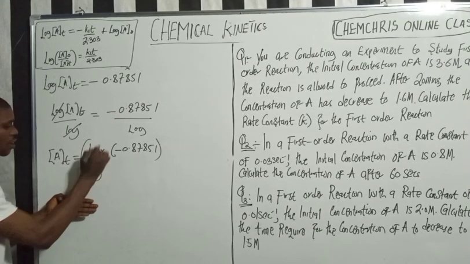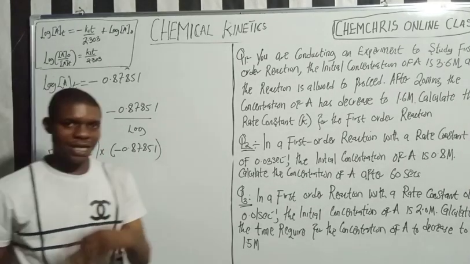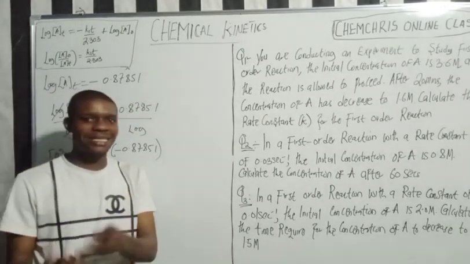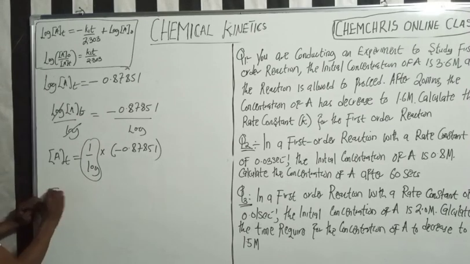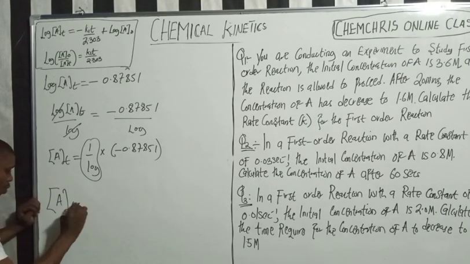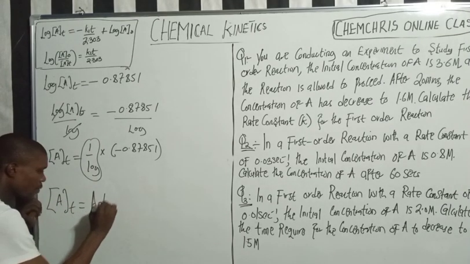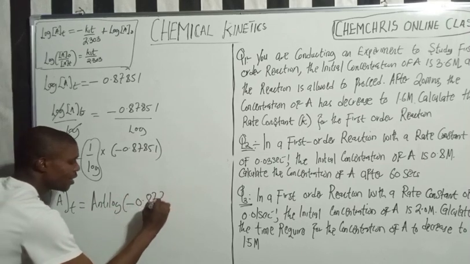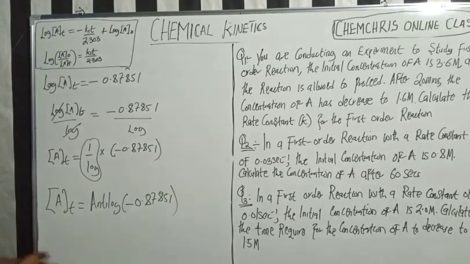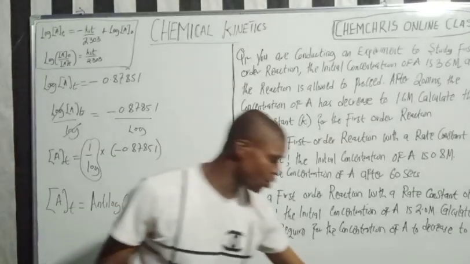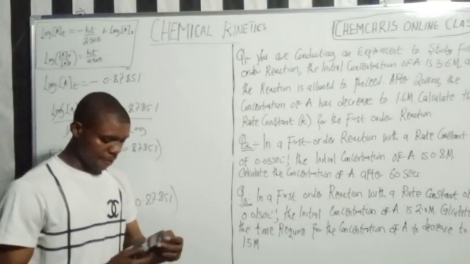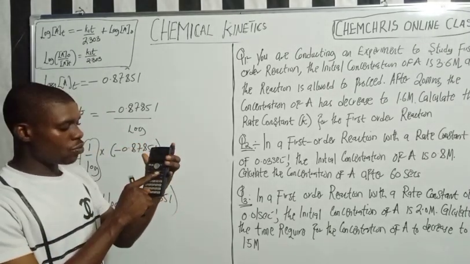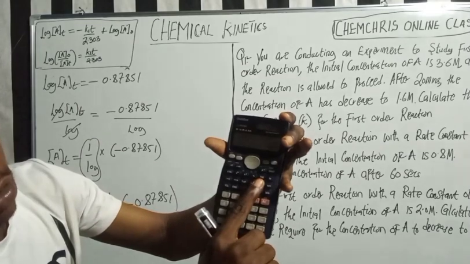Now, this one is called log inverse, and log inverse is just anti-log. So A_t equals the anti-log of minus 0.87851. How do you get your anti-log using this calculator? There's always a log symbol here.